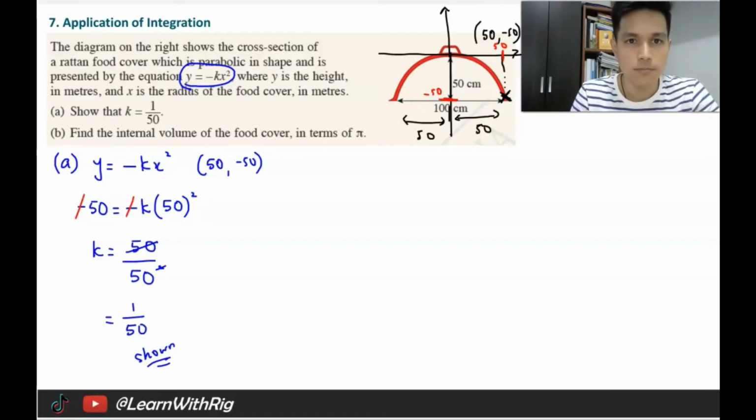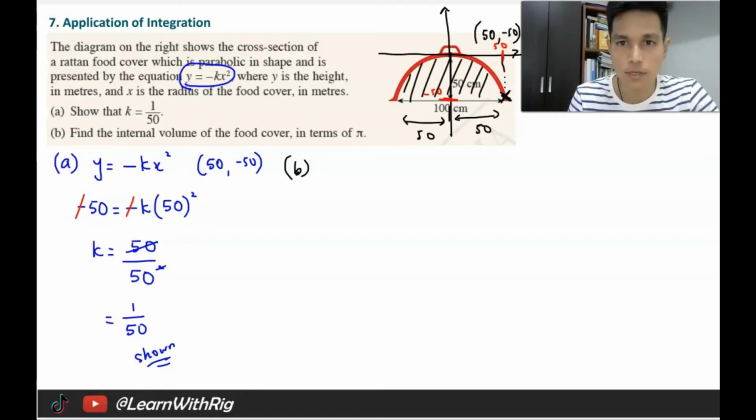Now question B. Find the internal volume of the food cover. So they want you to find the volume of the whole thing here. Of course, is it easier to use the x-axis or the y-axis? Obviously it is the y-axis, because you can straight away find it using the middle line there.